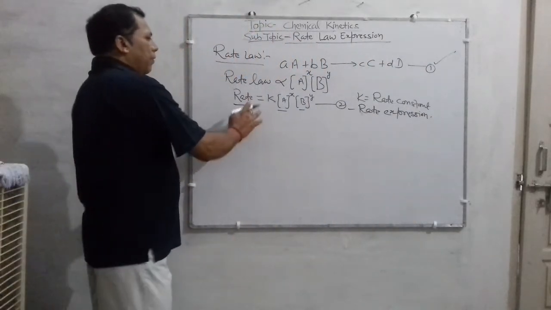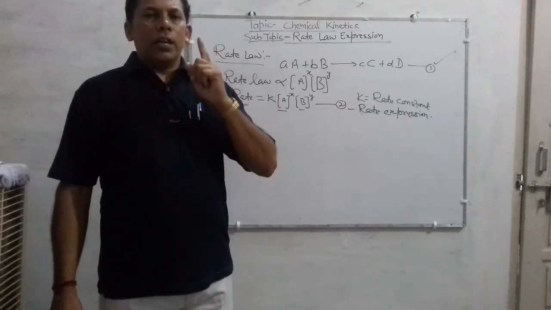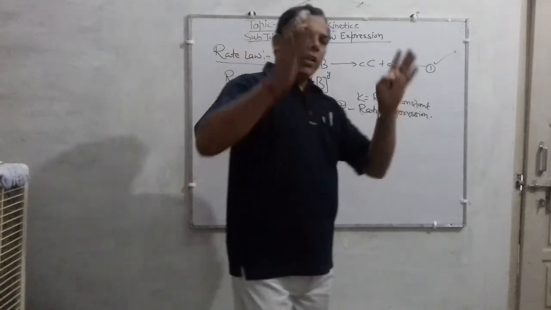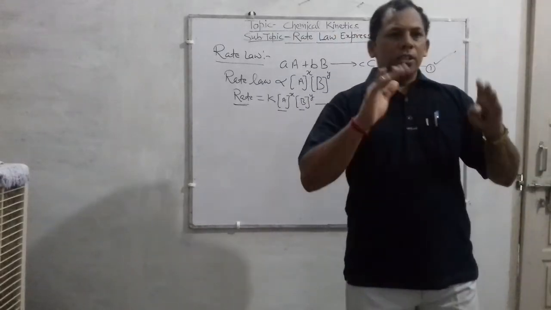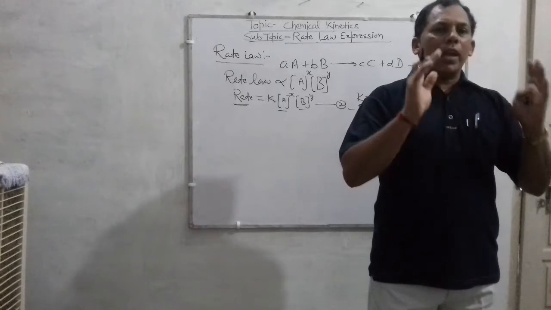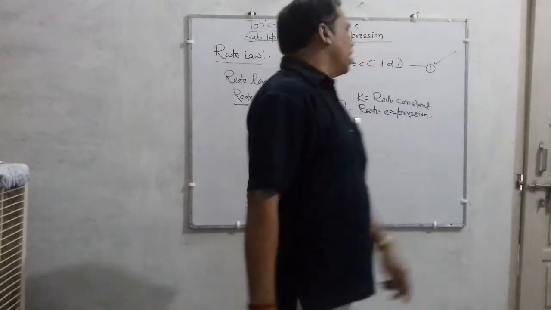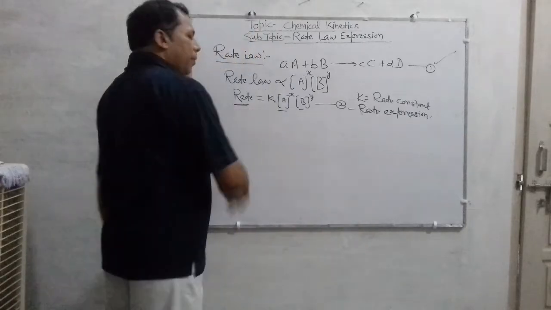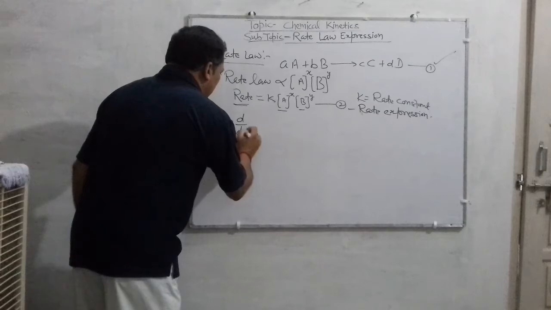The differential form of equation 2 can be written like this. Must remember, when we talk about rate of reaction, it is convenient to write the rate of reaction in differential form, means differentiation taking place. So its differential form can be written as minus d[R] by dt.